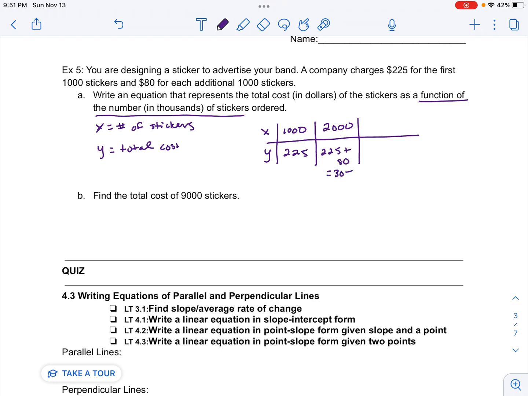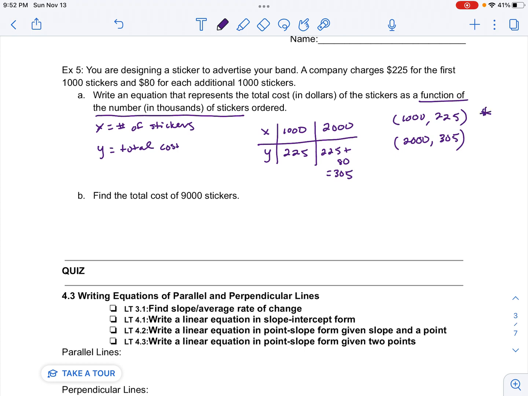So that plus 80 is 305. All right. So realistically I have 2 points here. I have a point at 1,000, 225 and a point at 2,000, 305. From here, I can go ahead and write my equation.